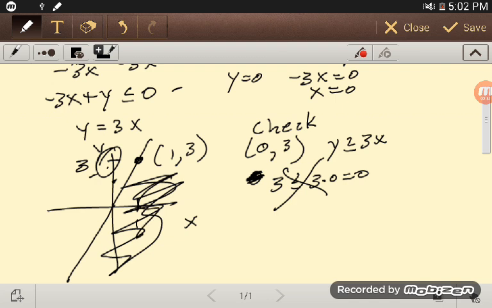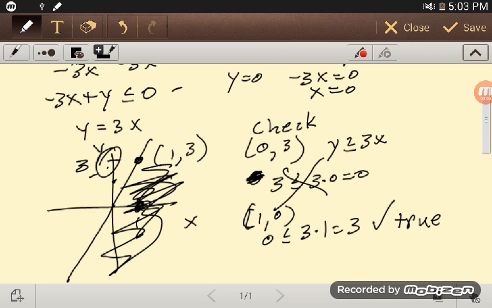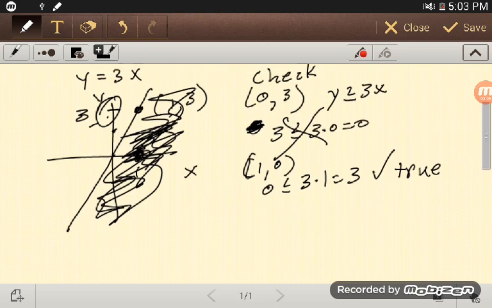And just to check, I can try (1, 0), which is the point right in there. When I check that point, I get 0 is less than or equal to 3 times 1, which is 3. And yes, that's true. And so I have successfully plotted that inequality.